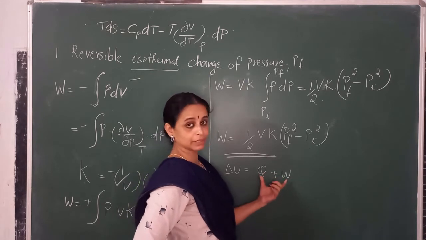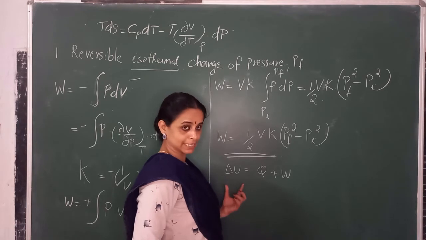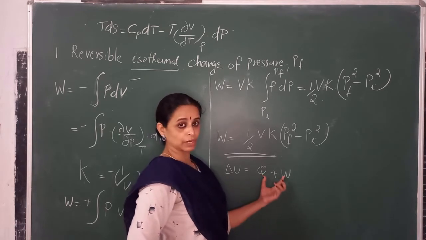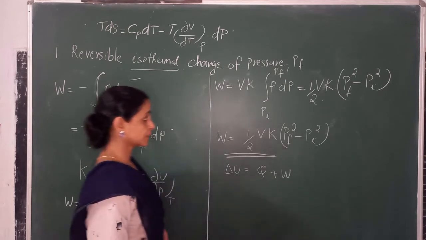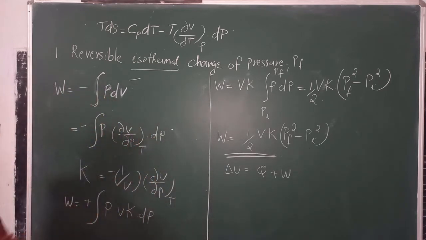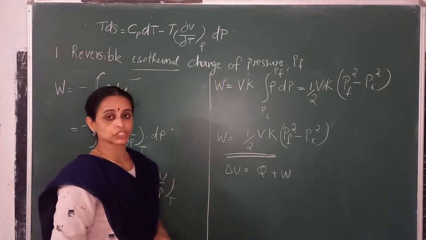After summing these quantities, if it is positive, then the internal energy of the system will increase. If the total quantity is a negative one, then the internal energy of the system will decrease. So this is one of the applications of the second TdS equation, that is reversible isothermal change of pressure.